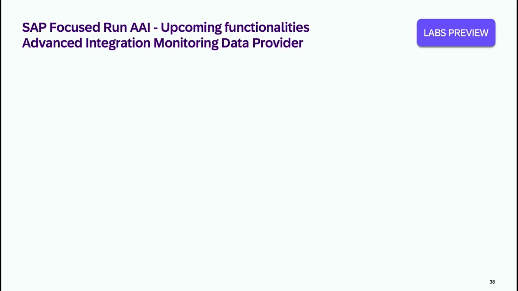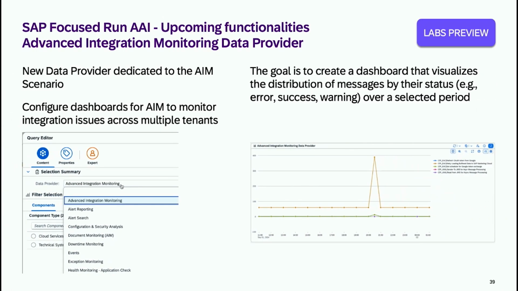Let's hope, yeah, this time it's okay. New thing: advanced integration monitoring data provider. So here we have a totally brand new data provider. The old one dedicated to document monitoring will stay, but probably in the next release we will make it deprecated.